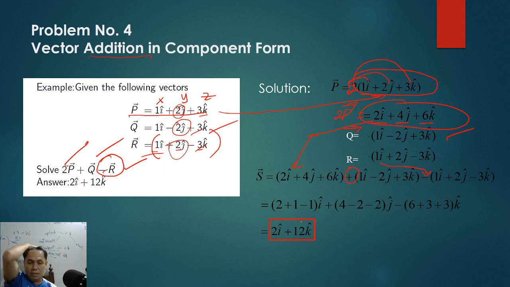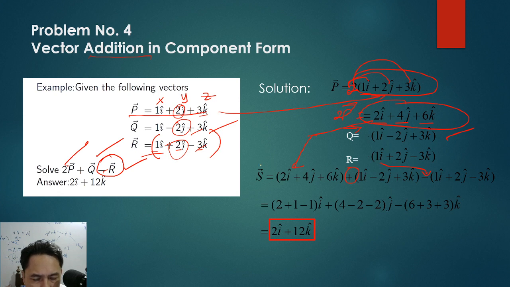All the components in ijk are given already in terms of P, in terms of Q, and in terms of R. So all you have to do when you're dealing with vectors here is add the components of all the i and the j and the k.